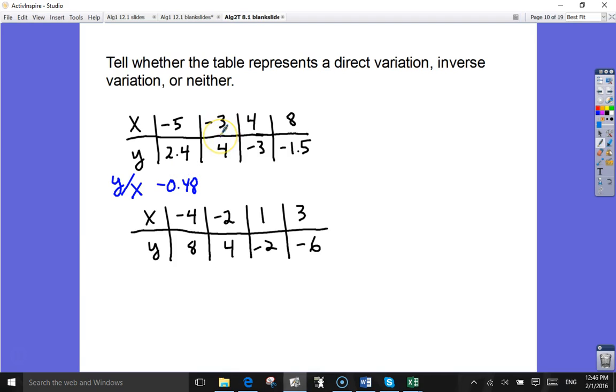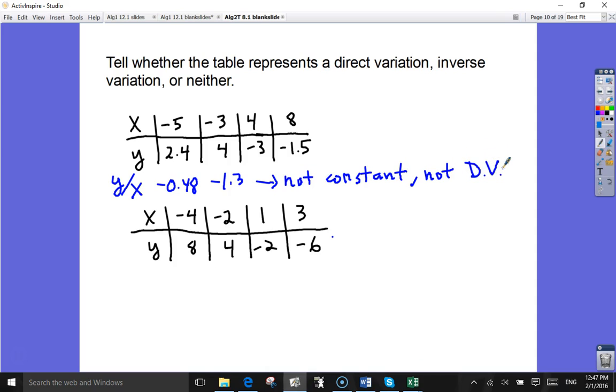How about 4 divided by -3? Negative 1.3. So if I'm checking the quotients, clearly they're not constant because the first two were not even equal with each other. So it's not direct variation.